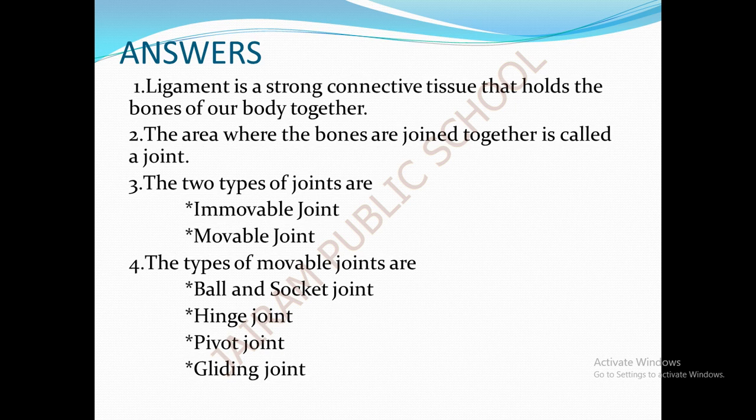Once again I repeat all the answers. The first answer is, ligament is a strong connective tissue that holds the bones of our body together. The second answer, what is a joint? The area where the bones are joined together is called a joint.